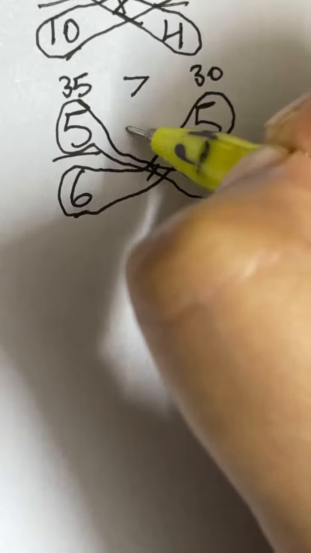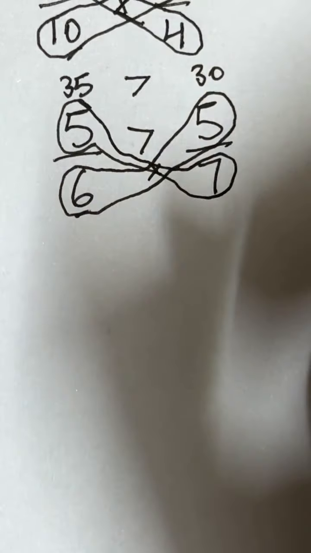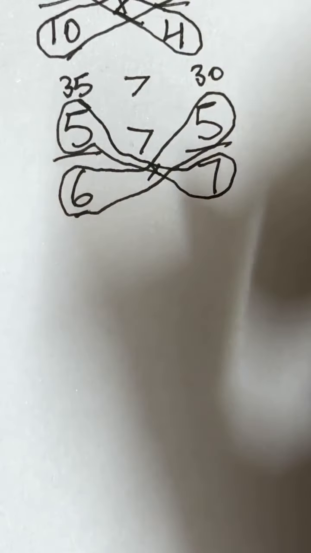And 35 is greater than 30. So we say 5/6 is greater than 5/7. That's how we compare two fractions. That means 5/6 is greater than 5/7.